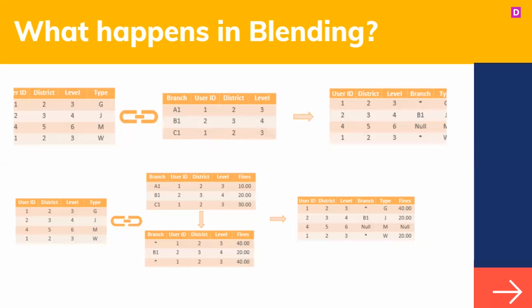And this asterisk is there because there are multiple corresponding values for 1, 2, 3, as A1 and C1, so it gives an asterisk. This is how blending works.